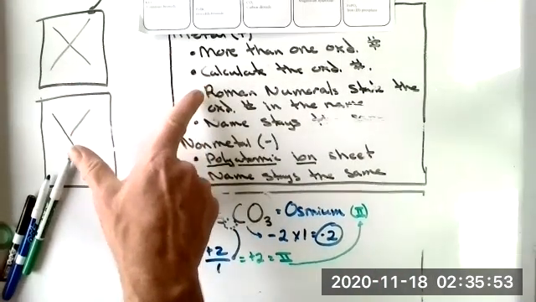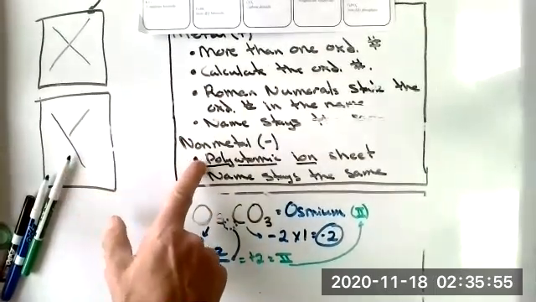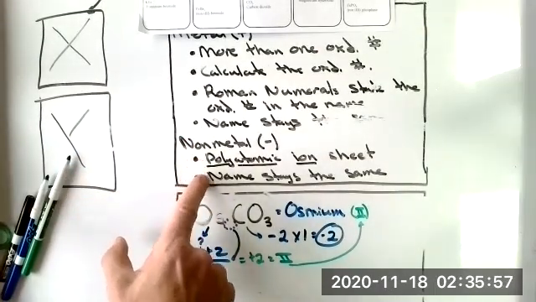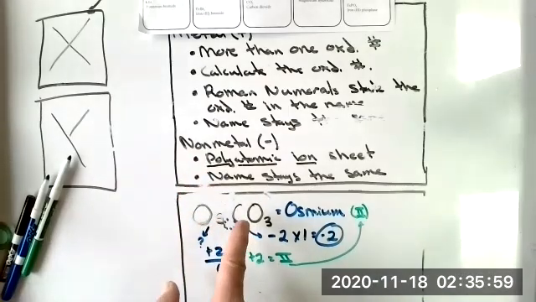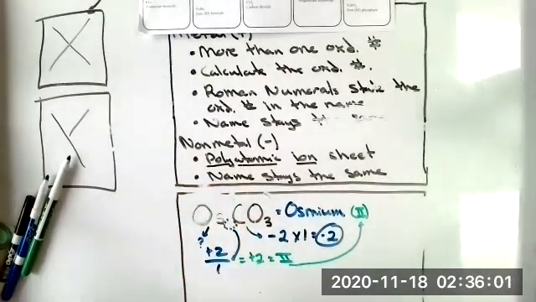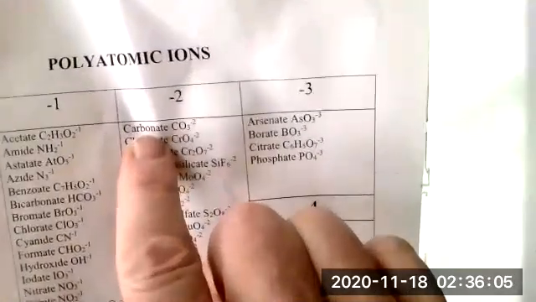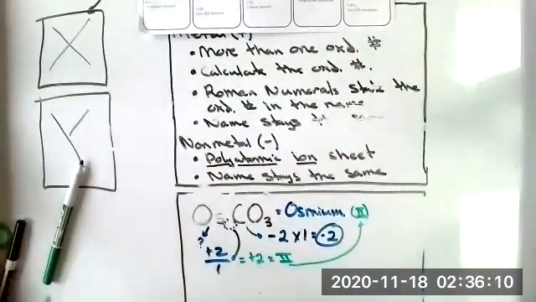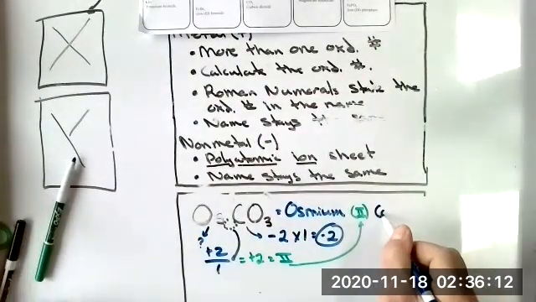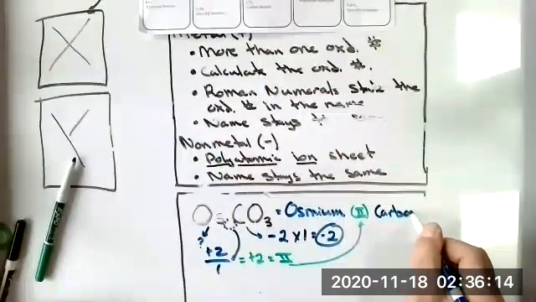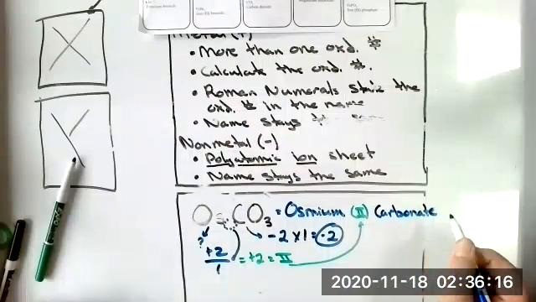Done. Okay, I'll look him up here, and when I find him, I'll simply copy his name. CO3 on the polyatomic ion table. His name is right there as carbonate. I'll keep it the same. Osmium(II) carbonate.